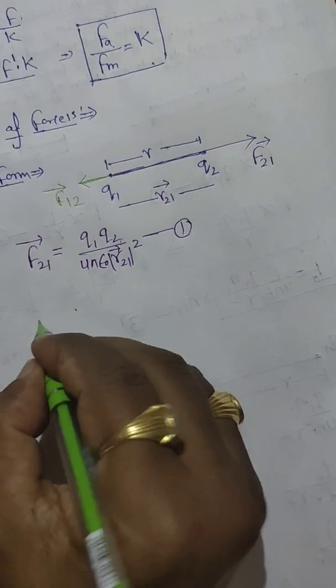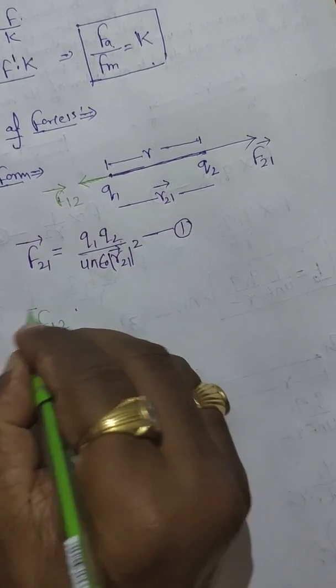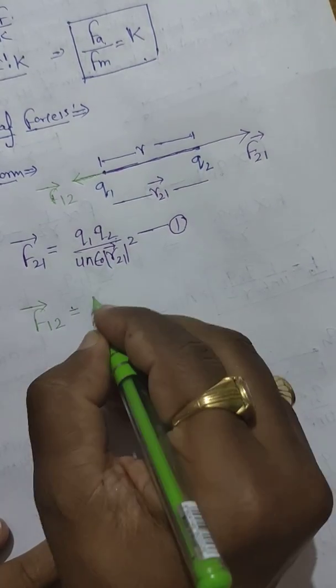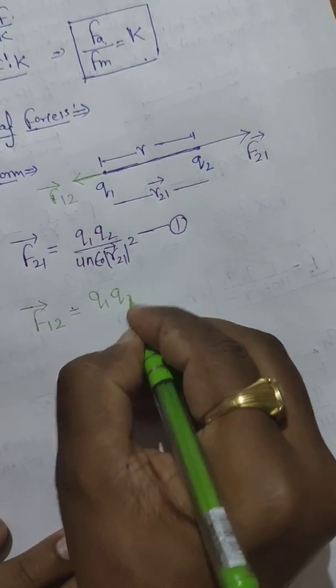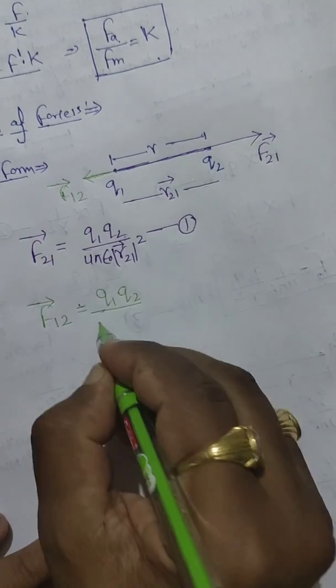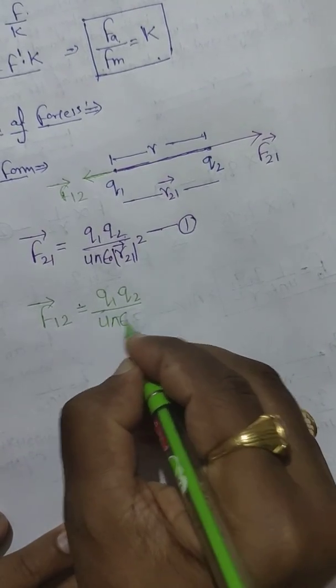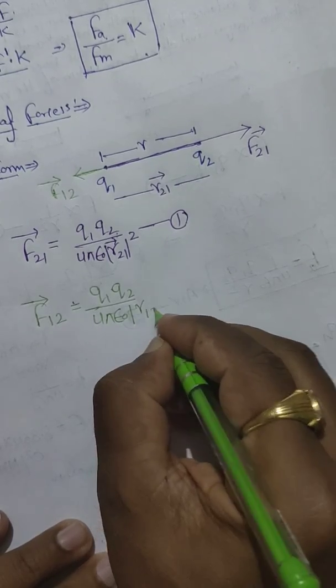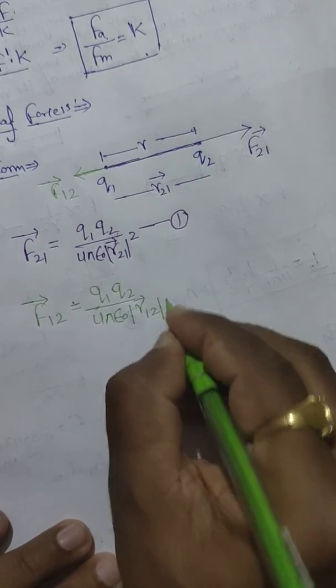Force on 1 by 2 can be written as Q1 Q2 upon 4 pi epsilon 0 mod of R12 vector square.